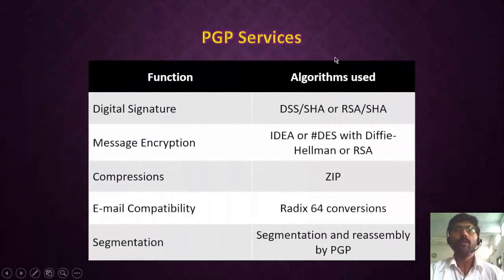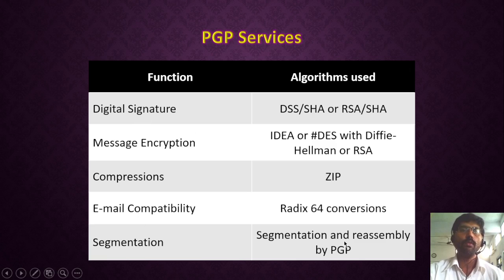Some of the PGP services. Here I will list the different functions applied in PGP and which algorithms are used for each function. If I want a digital signature, I use algorithms like DSS/SHA or RSA/SHA.